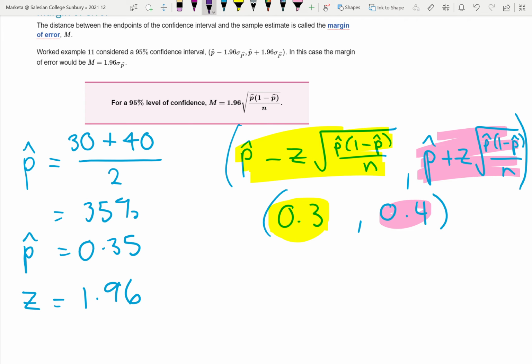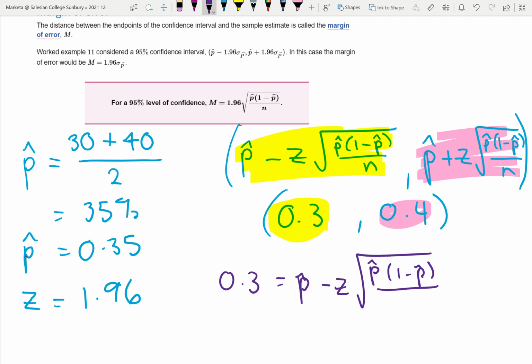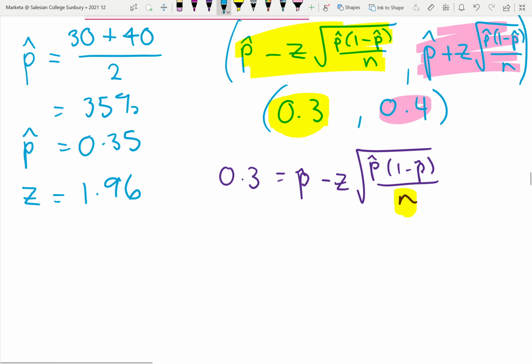So 0.3 is going to equal p hat minus Z root p hat (1 minus p hat) over n. And n is here, that's what we're trying to solve. It's a 95% confidence interval, so we know what Z is. And we know what p hat is because there it is right there.